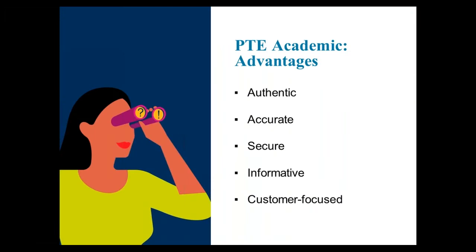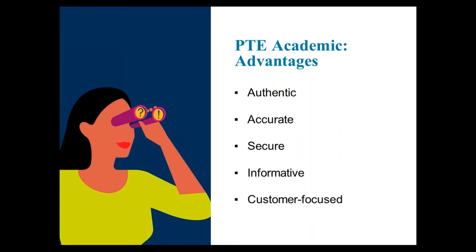Let's look at some of the advantages of this test. These are the areas that really set this test apart. It's authentic. Test content is drawn from real-life academic content. It's accurate. The test employs objective automated scoring for all the item types. It's secure. The test process uses integrated biometric technology with randomised tests for the best security.